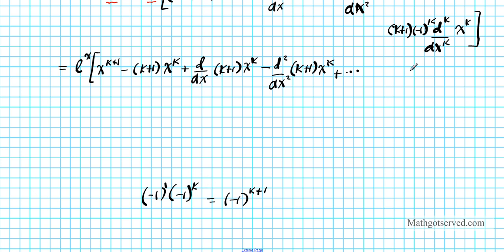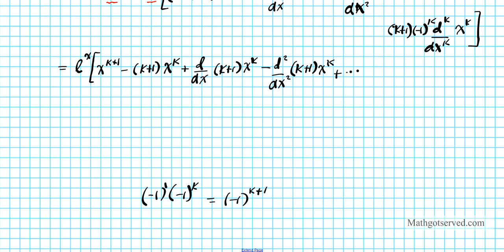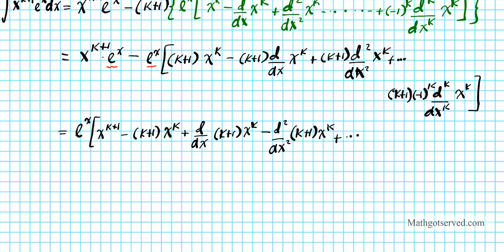So that's the impact that distributing this negative has on this negative 1 right here. It's going to make this power increase by 1. So it's going to become plus, plus, plus, and then instead of negative 1 to the k, because of this distribution, I'm going to have negative 1 to the k plus 1.